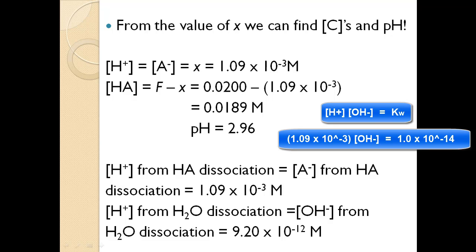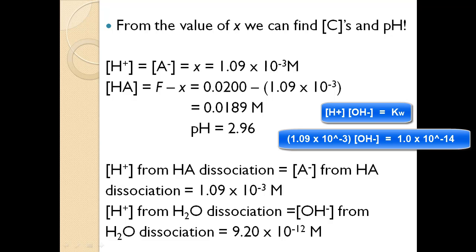So H plus from HA dissociation is equal to the concentration of the A minus. And that's what we got, right? That's the 1.09 times 10 to the negative 3. And H plus from water dissociation, so just from regular water dissociation, is equal to the concentration of OH from water dissociation. And that is equal to 9.2 times 10 to the negative 12.